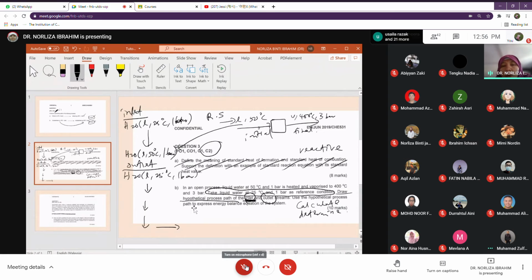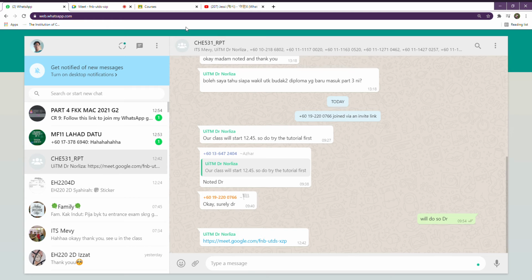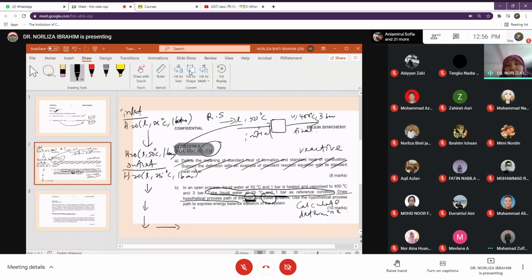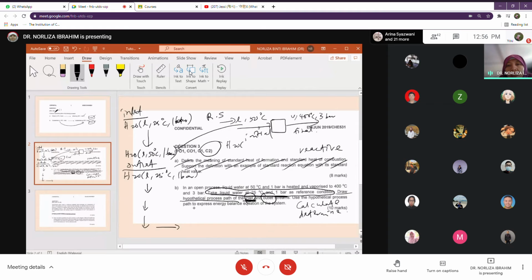If the reference state, liquid water 25 degrees C, 1 bar, is not given, you can choose a reference state as I said earlier. If you use the inlet condition as your reference state for H2O, there is no path for the inlet, because the reference state is the condition of the initial. For the outlet, the reference state will be liquid 50 degrees C, 1 bar.